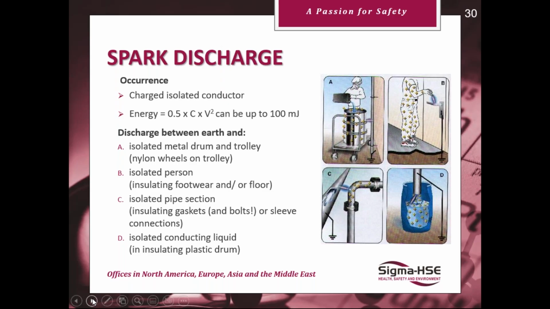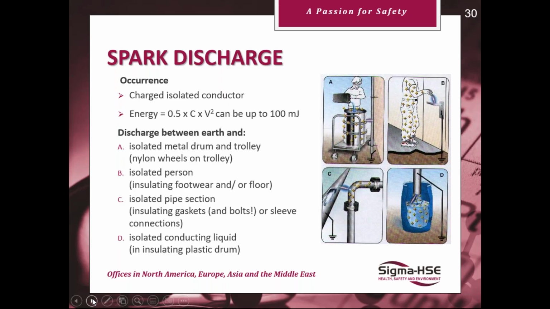So if you look at A, you've got an isolated metal drum and trolley. There are nylon wheels on the trolley. So you think you should be isolated, you should be okay, but the nylon wheels insulate the drum. You get near the metal pipe and it sparks.